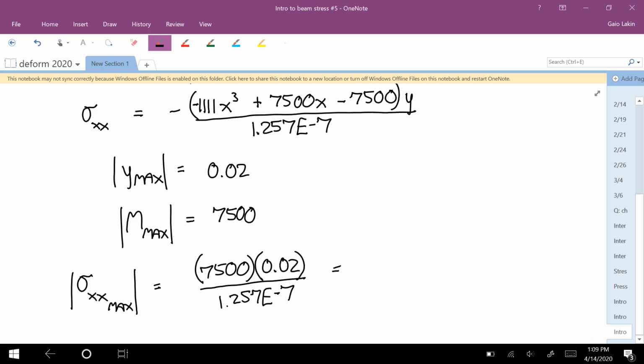And you get a value of 1.19 times 10 to the 9th pascals. That's a really big stress. And so that for any material is going to damage the material. And that's the kind of thing that you can figure out from this kind of analysis. Okay, so that's a solution to number 5.